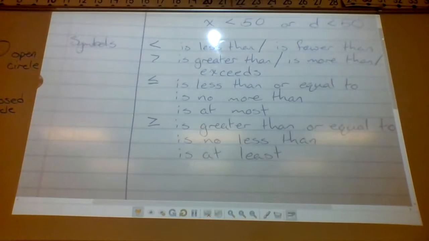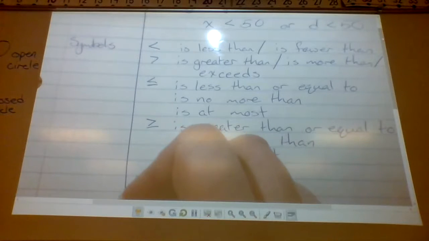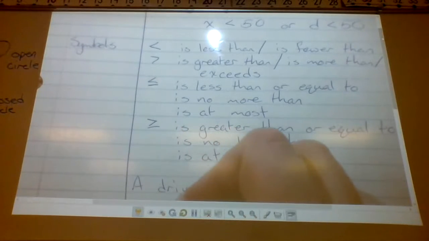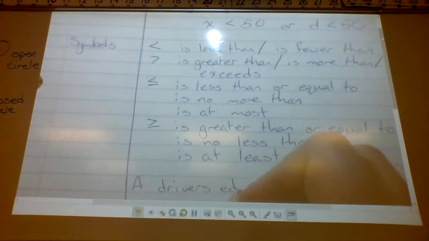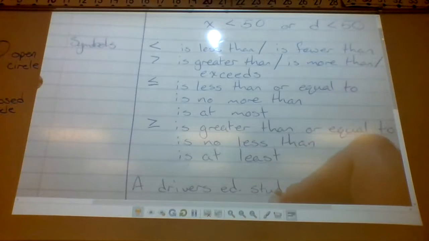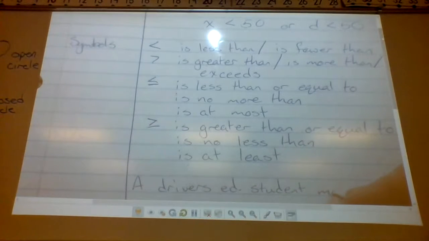Let's see here. How do I do this? Driver's ed.